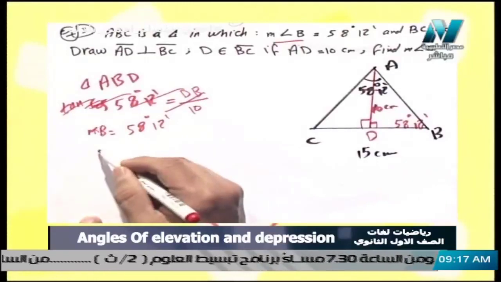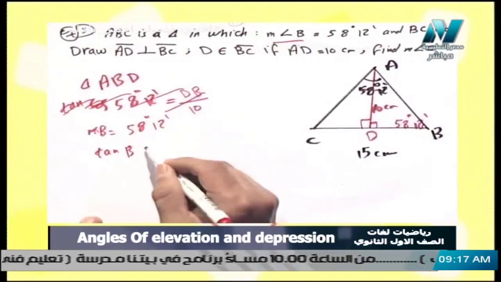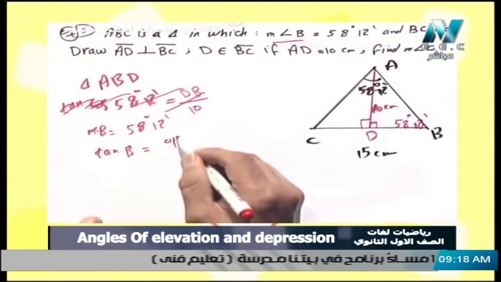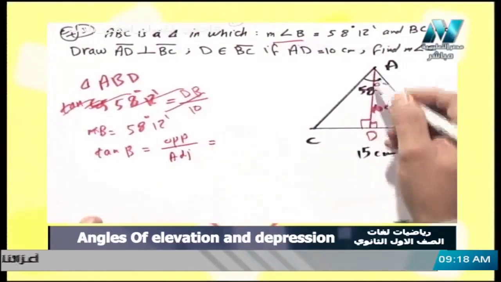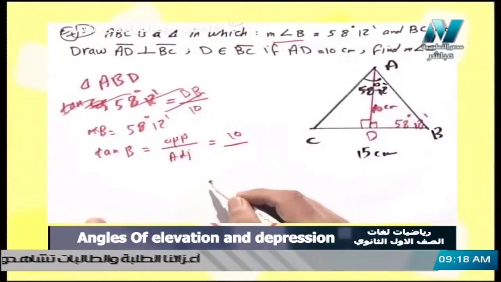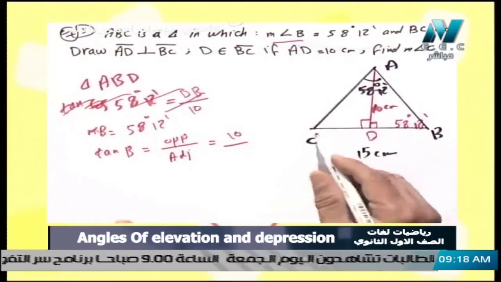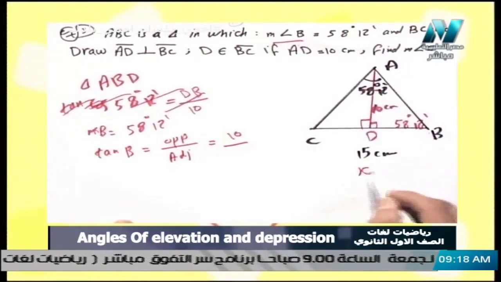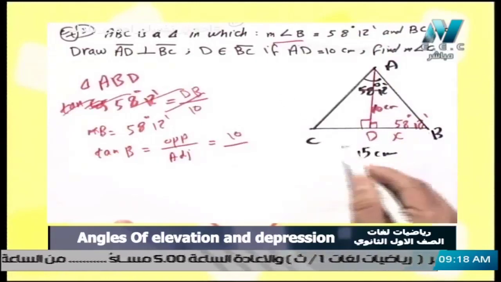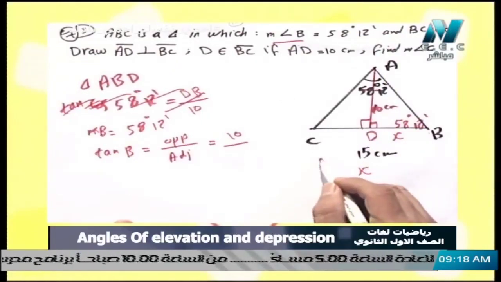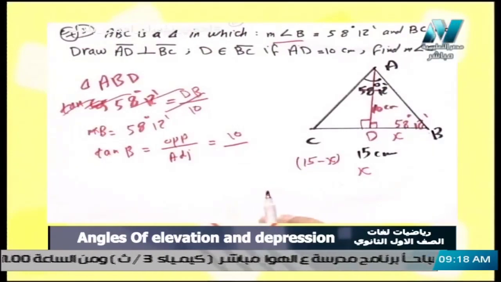So tan B equals opposite over adjacent, which is AD, which is 10, over DB. We here have CB as 15, and if we put DB as X, then the other part will be 15 minus X.